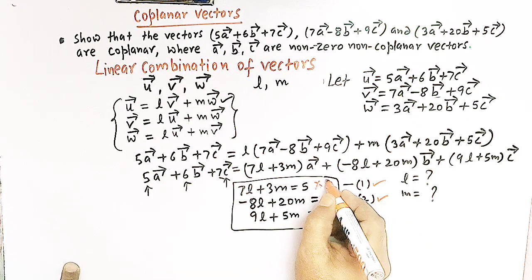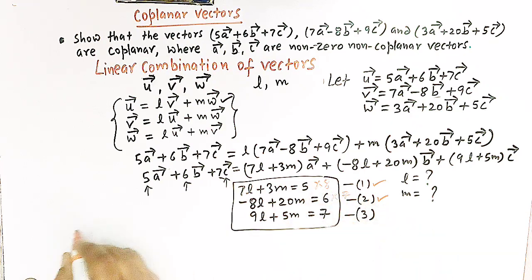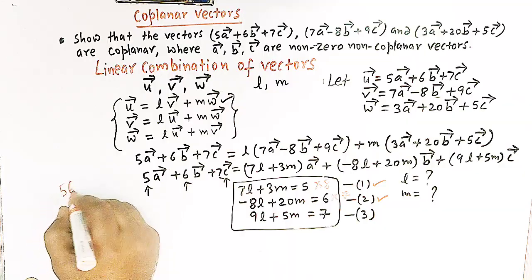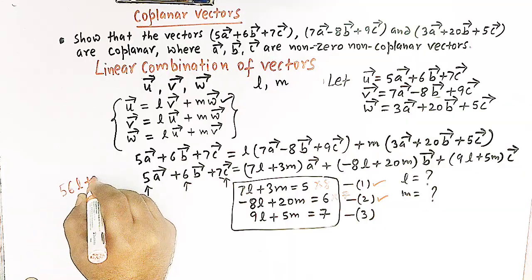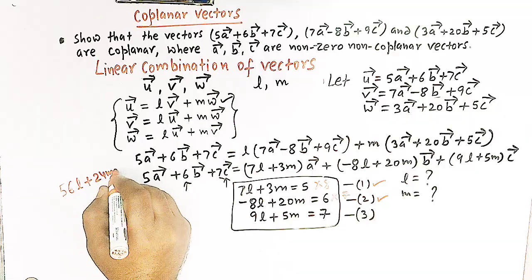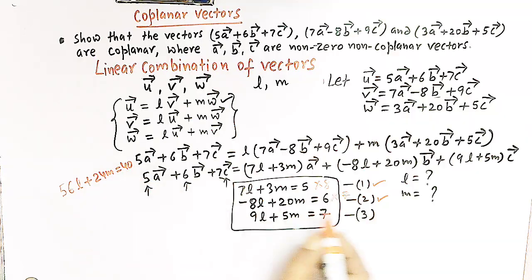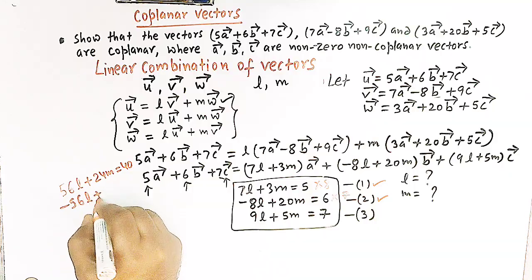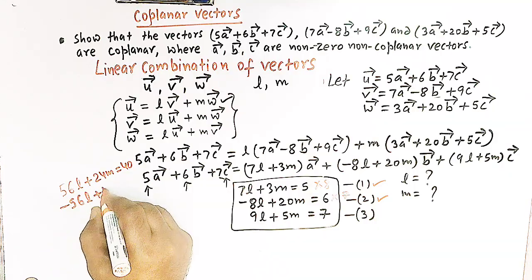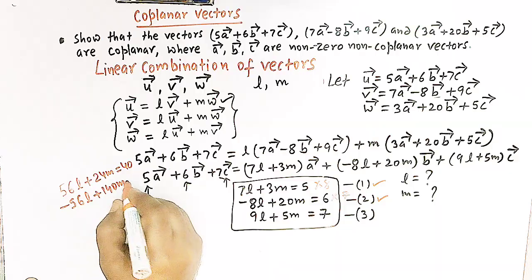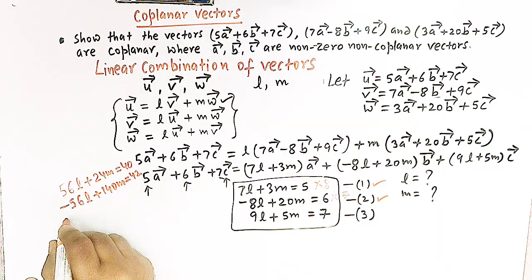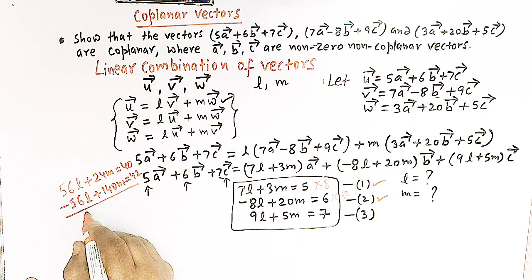So here we have 8 times 7, which is 56L, and here we have 24M, and here we have 40. And here we have 7 times minus 8, which is minus 56L, and then we have 140M, and here we have 42. So now we can add these two equations.